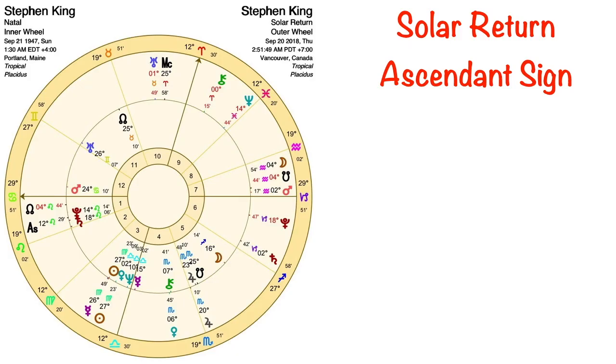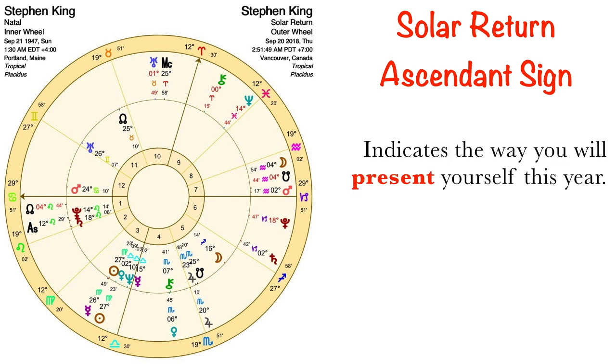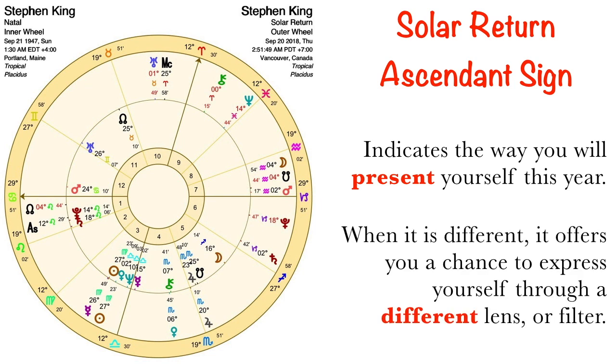So the solar return ascendant sign indicates the way you will present yourself in the year. Of course in the bi-wheel you can see that the ascendant is at 12 Leo, and we know that because we saw the chart. And when it is different, it offers you a chance to express yourself through a different lens or filter.